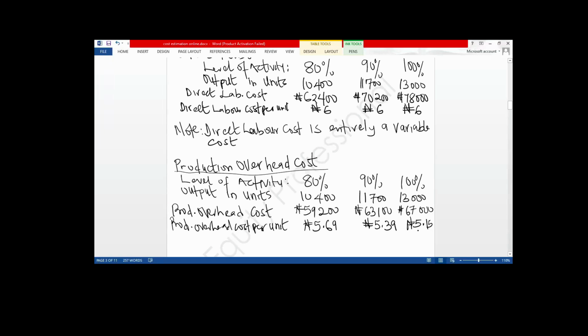This means that as production volume increases, the cost per unit falls. Please note, ladies and gentlemen, where production volume increases and cost per unit falls, this is an indication that that cost is a mixed cost.